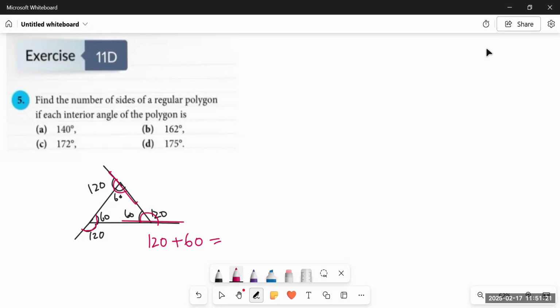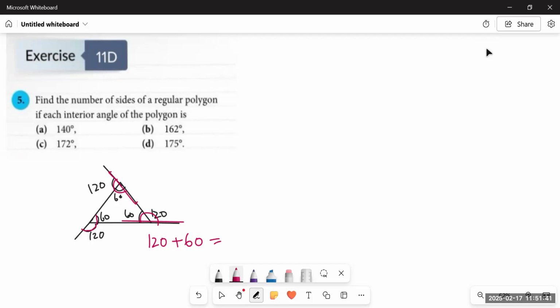First, we use the supplementary angle formula to convert this interior angle to the exterior angle. After finding it, we do the same: divide 360 degrees by that angle to figure out what polygon it is.